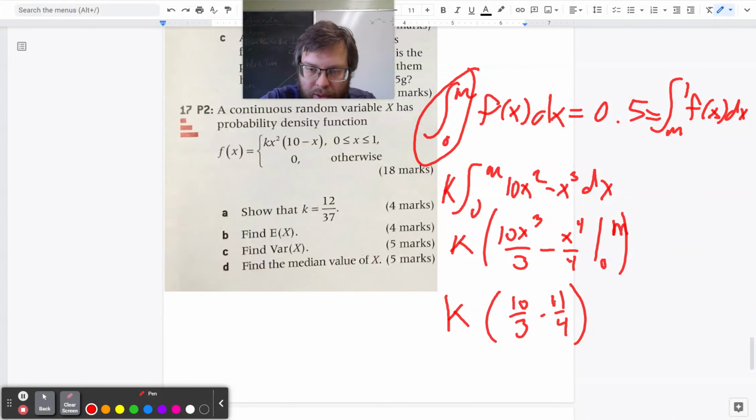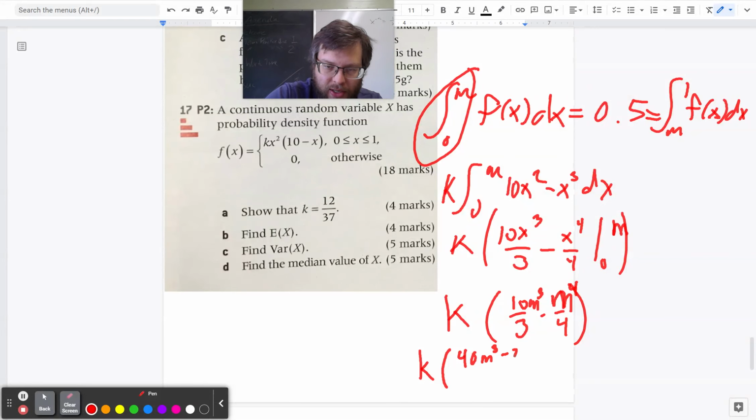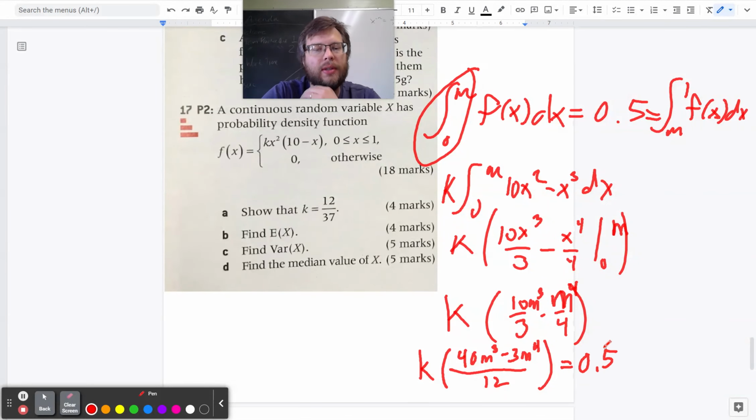Let's fix that. I went a little fast there. So 10m cubed over 3 minus m to the fourth over 4. Does that look right? Yeah. And so then we see k times 40m to the third, I'm finding a common denominator, minus 3m to the 4 over 12. And this is going to equal 0.5. Let's see.